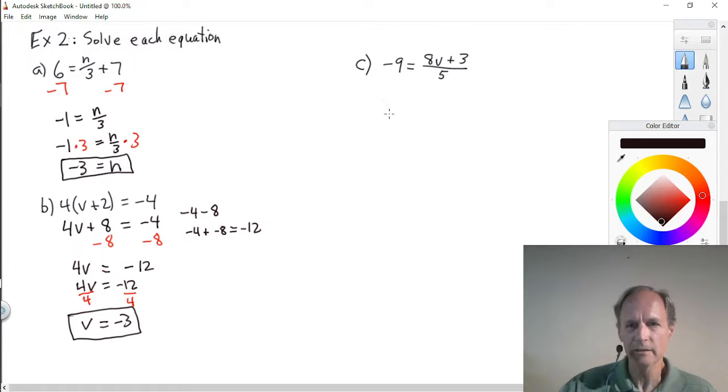Okay, one more. Let's take a look. So what do we do with this one? We want to get the v by itself, but it's added to 3, and then it's divided by 5. Can we do anything with the 3? Think of this big long division bar. That's a grouping symbol, right?